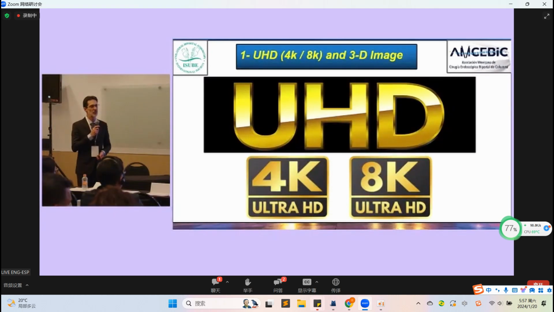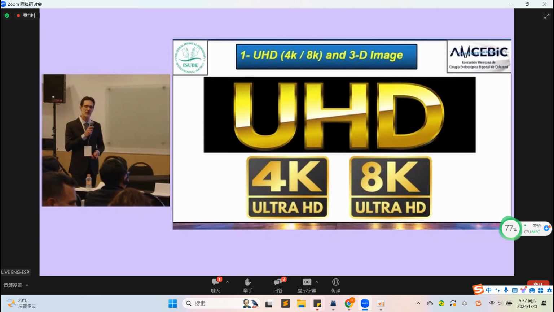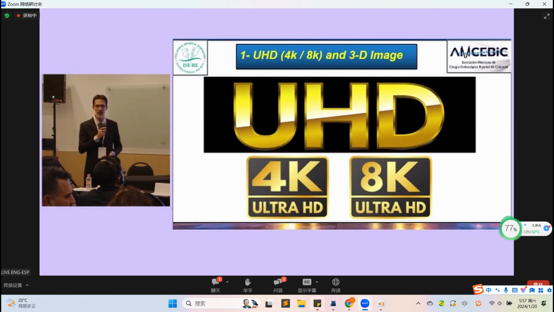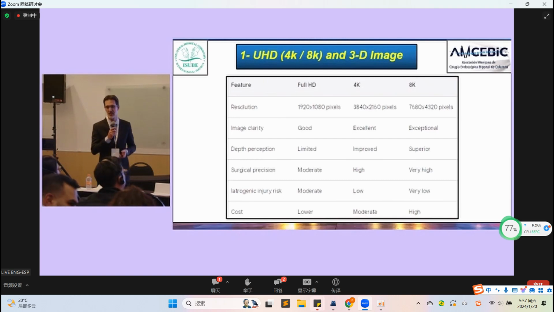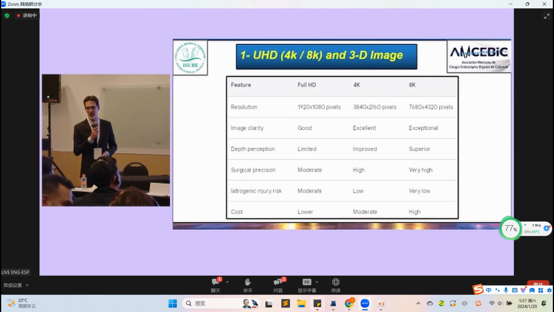Well, about ultra high definition image, talking about 4K and 8K. The resolution of ultra high definition is the main topic. The resolution means the number of pixels that we have in the image.